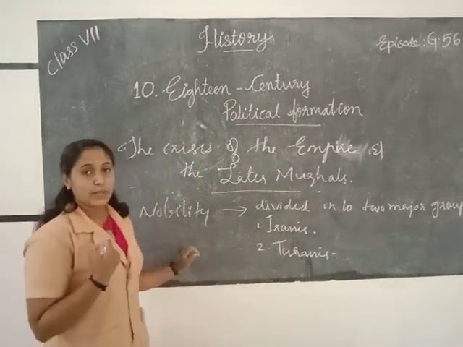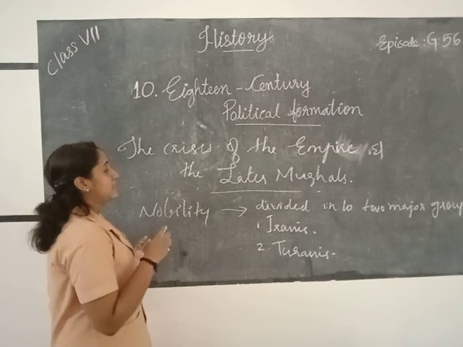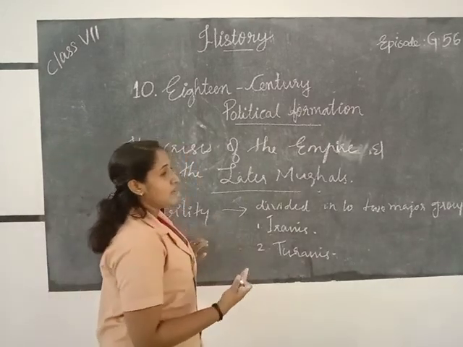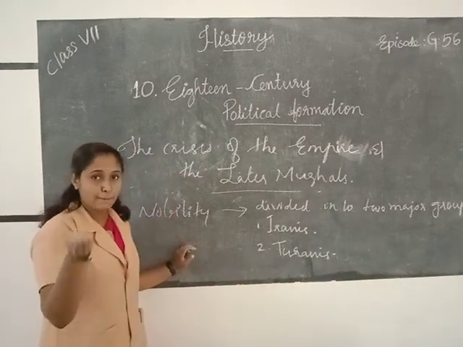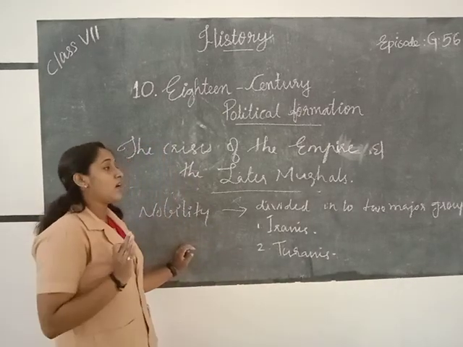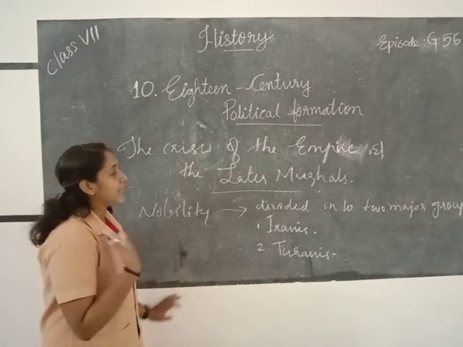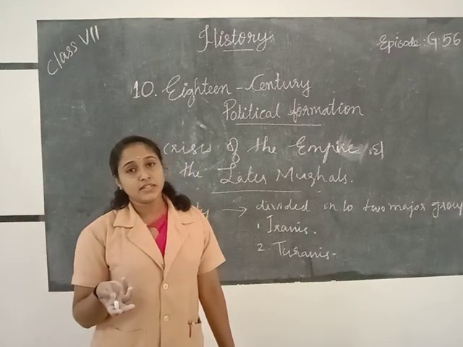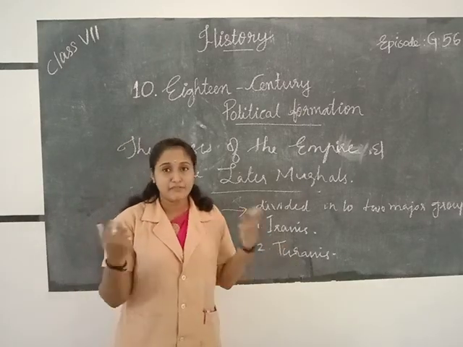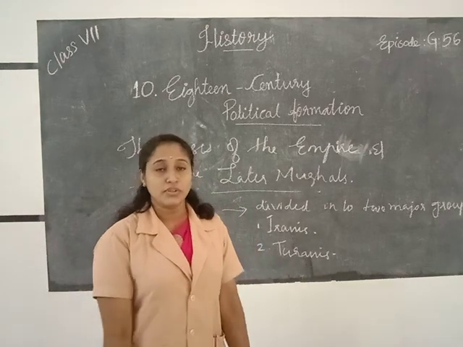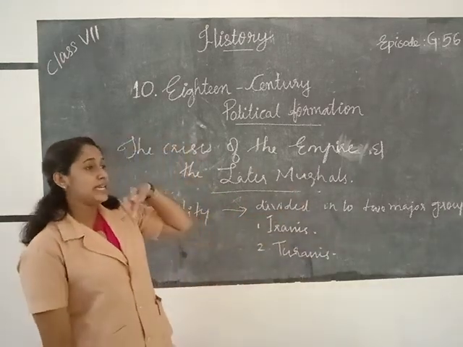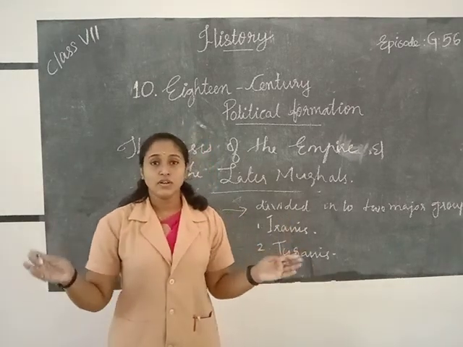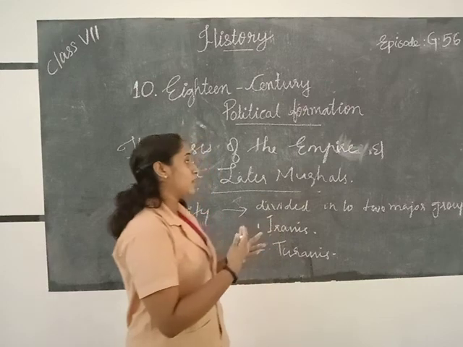So after this, the division of nobility, the Iranis and Turanis, became the more important powers in our subcontinent. Actually, the later Mughals were completely in the form of a puppet. That means they did not have enough power. They did not have the right to rule.